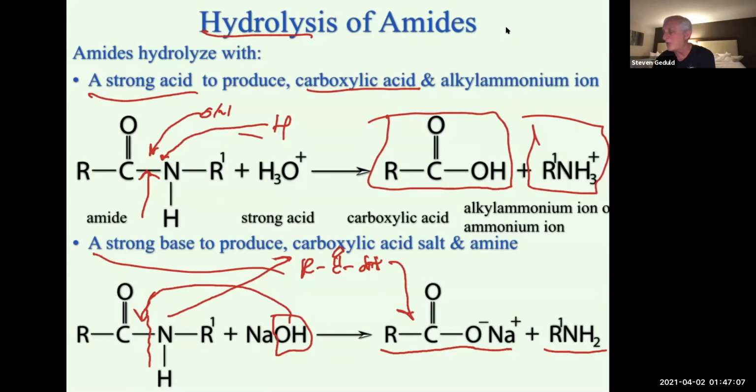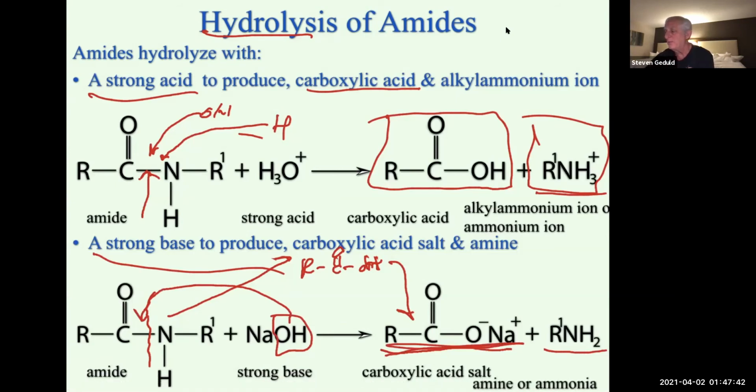So they're going to attach or absorb the hydrogen, and the acid is going to keep it on. Okay, if it's in a basic, the H is going to be pulled off the carboxylic acid, resulting in a carboxylic acid salt, and then the amine. So basically, in a strong acid, the ammonium gets the charge, plus and the minus. In a strong base, the carboxylic acid has a charge on it because it's donated its proton. So there's your amide, there's your strong base, there's your carboxylic acid salt, and your amine.